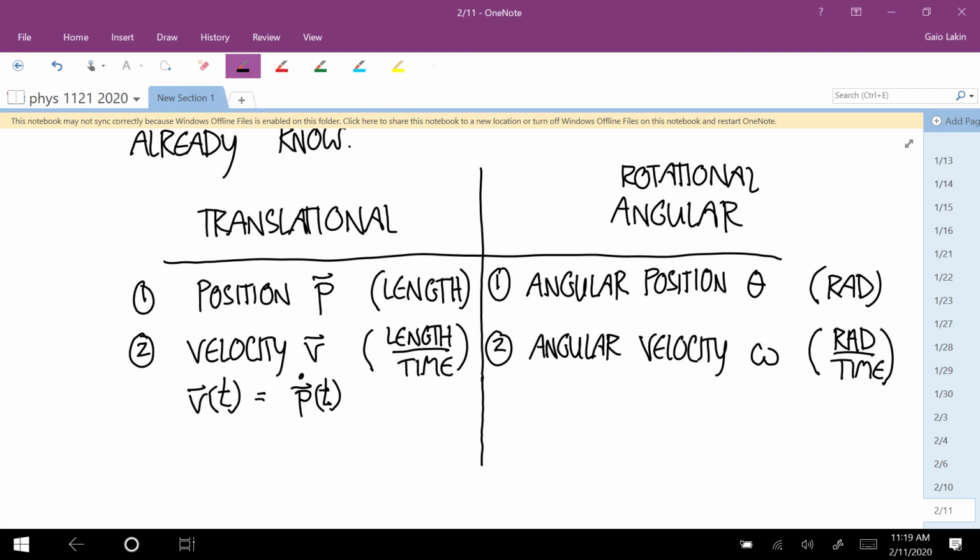And I said a lot of the relationships between these angular things are going to be similar to the relationships with the translational things. So if you had to guess, what would you guess is the definition of the angular velocity as a function of time? Yep, exactly. So this is the time derivative of the angular position. Okay.